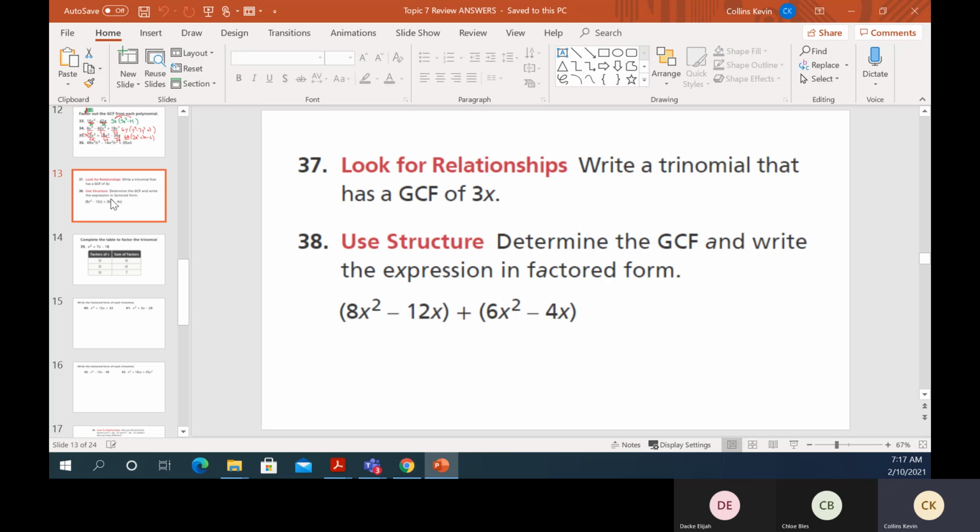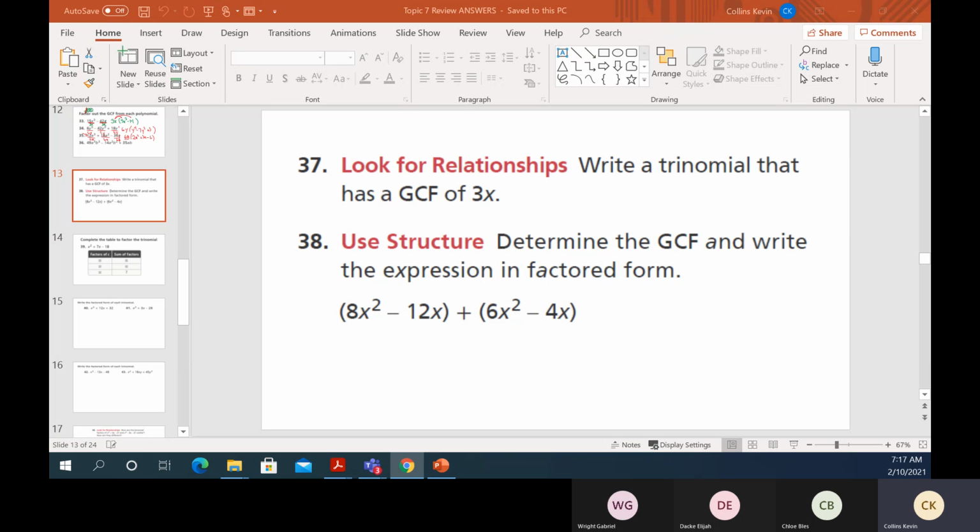All right, so this one says, write a trinomial that has a greatest common factor of 3x. Okay, so here's an easy way to do this: we'll say that we can factor out 3x, and then just come up with something to multiply by 3x.